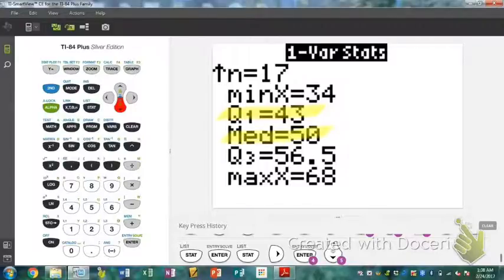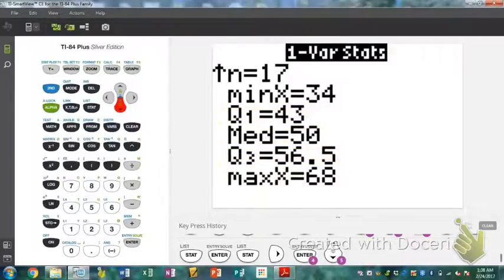You need your median, and you need your upper quartile, which is labeled as Q3. Again, feel free to use Q3 like I wrote it instead of trying to write the whole thing out. When you go to write standard deviation, write SX, just like it's got on your calculator. The only words you need to write out are mean, median, and mode. So that's where you get your numbers from.